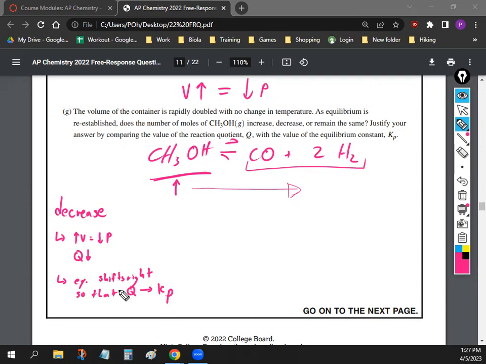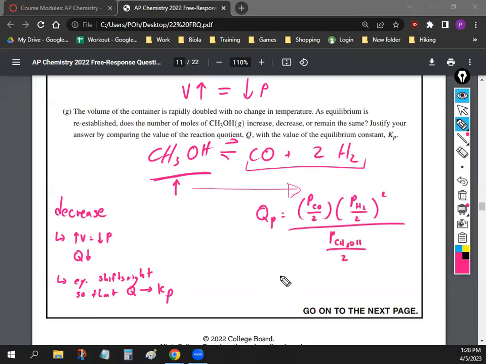You could do this mathematically too, because Q is going to be based on the pressure of CO and so on, but since the volume doubled, the pressure is going to decrease in half for everything. You don't have to do it like this. I would never do it like this just because it's a waste of time. But the pressure of everything is going to decrease in half.